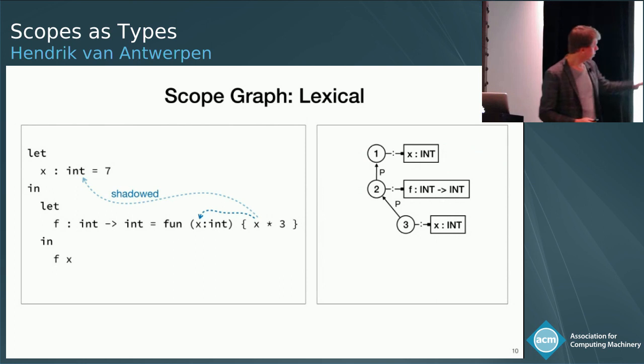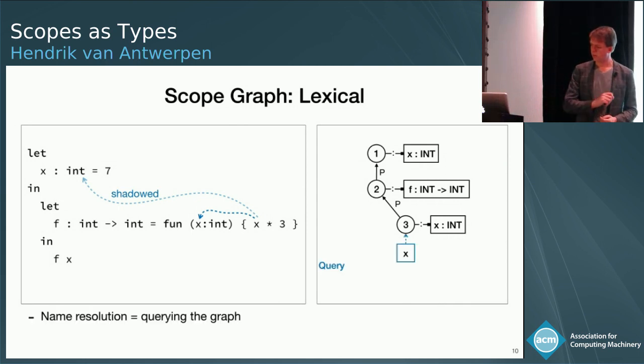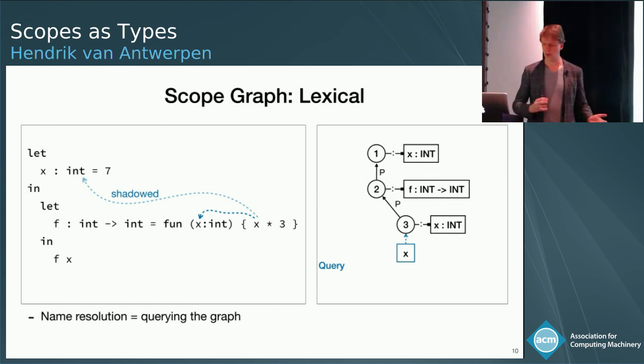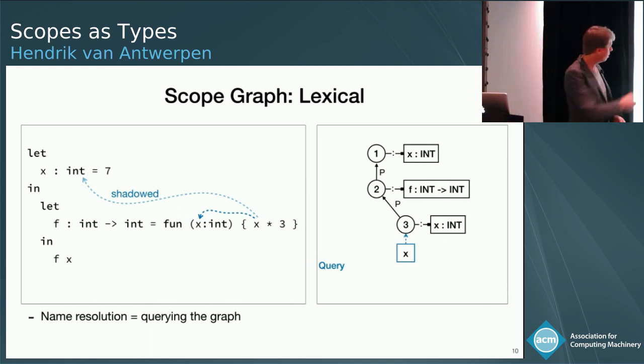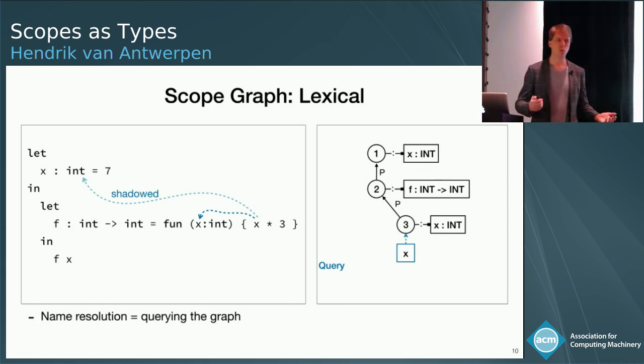So let's say that we are interested in the resolution of this x in the function body. Now, the query takes two parameters basically that control how we can do resolution here. We are going to query in scope 3, which is the scope of the function. The first ingredient of these queries tells us what we want to resolve to.